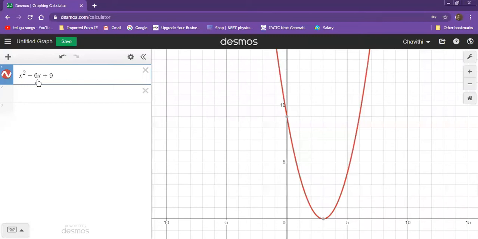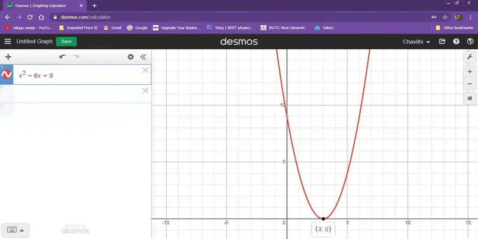The graph is cutting the x-axis at only one point, x is equal to 3. We are least worried about this point. So the two roots are coinciding here, which means the two roots are equal: x equal to 3 and x equal to 3. Clear? That is the thing.